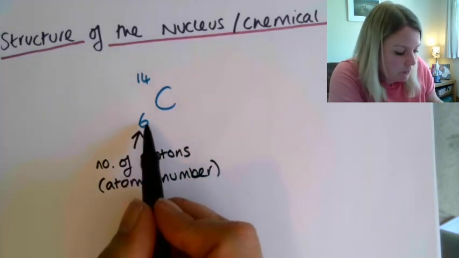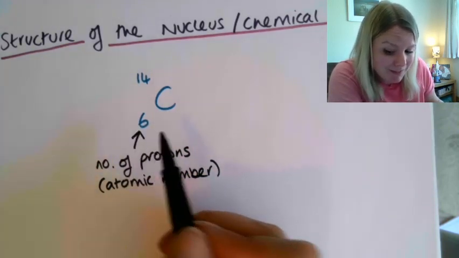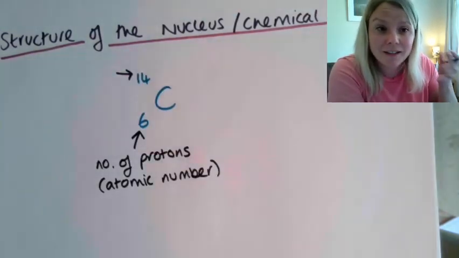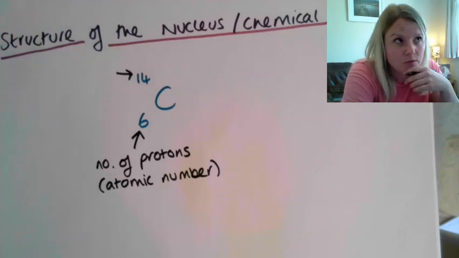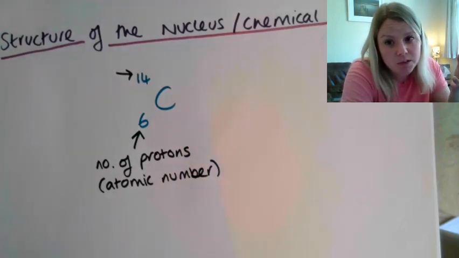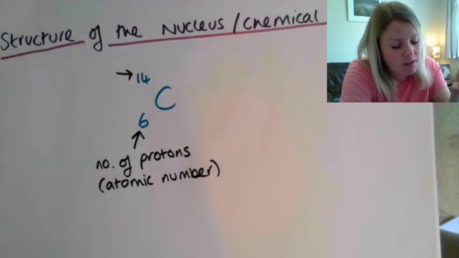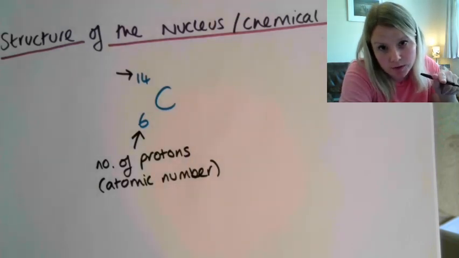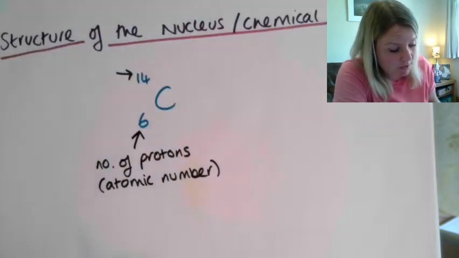Now, it's the number of protons really that determines what element it is, right? This number at the top, again, you'll see different names being used for it. Generally, the most common one that is used is mass number, and it tells you the number of protons plus the number of neutrons which are in the nucleus, okay?